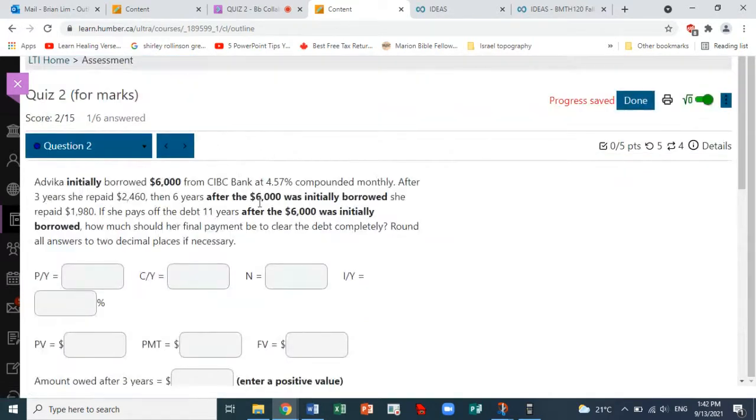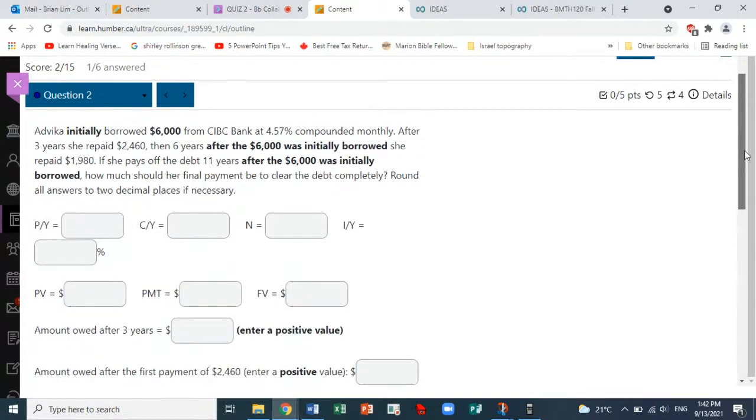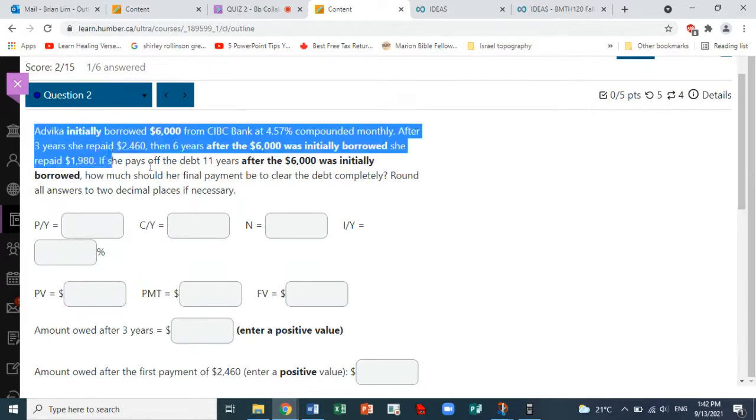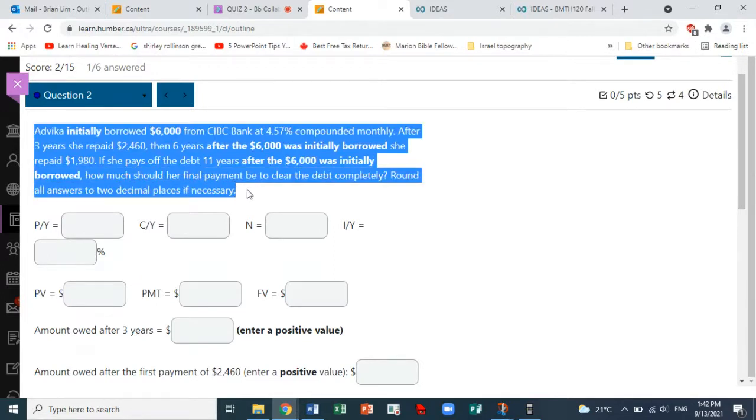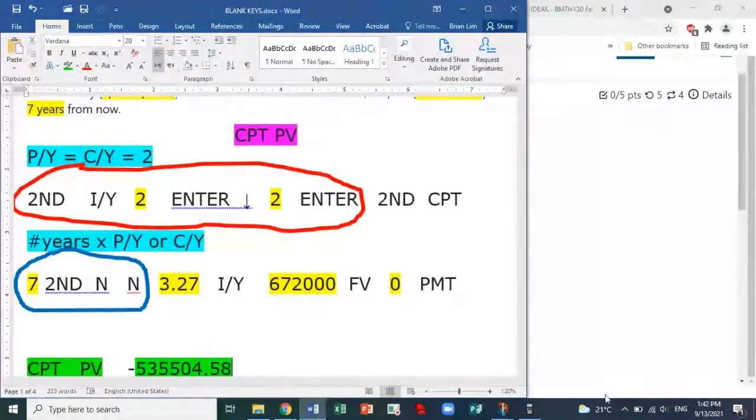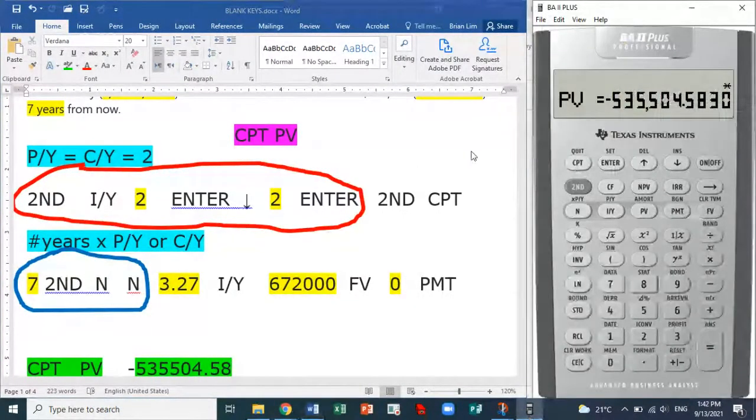All right, so quiz 2, question number 2. We have a few parts here, and we will do them systematically and get some results. So let's copy first, and we go over here.